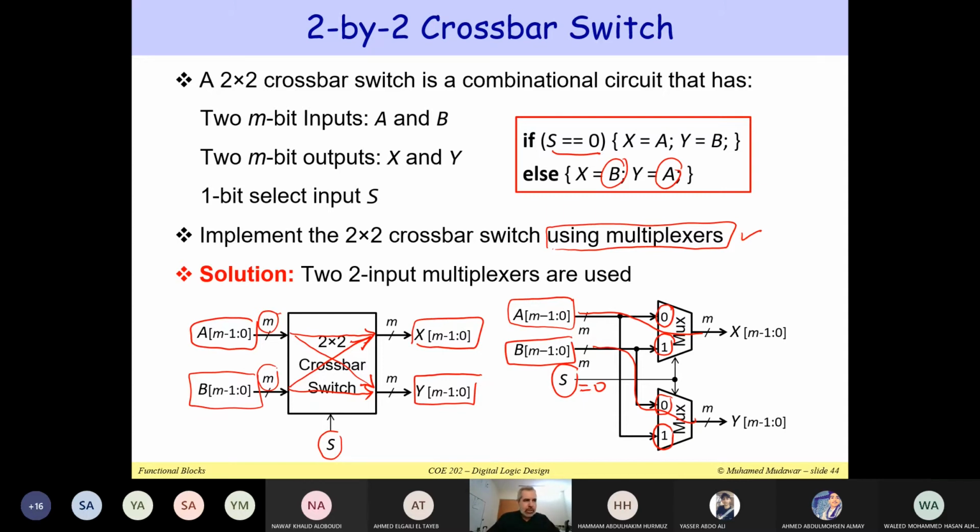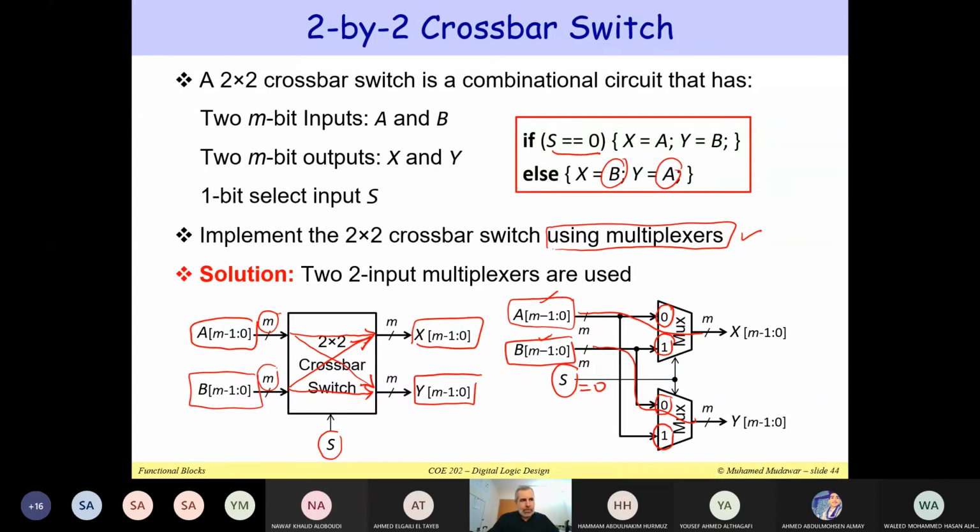That's what the crossbar switch does, and it can be implemented using 2-input multiplexers. We have used 2 of them, but each one has M-bit inputs, so these are actually bit vectors. So this is the implementation of a 2 by 2 crossbar switch.